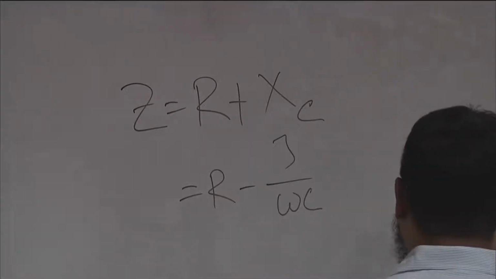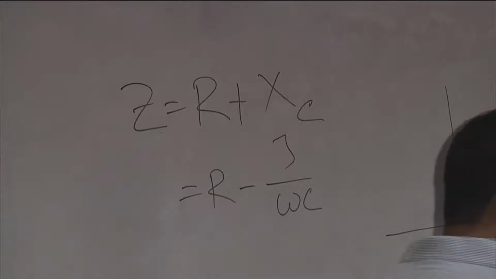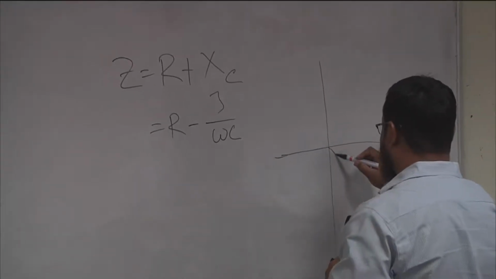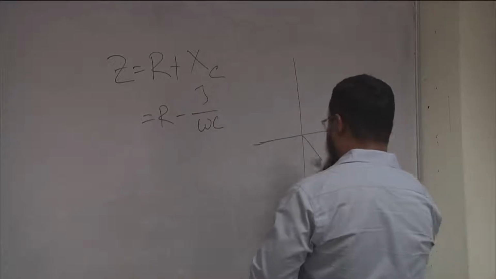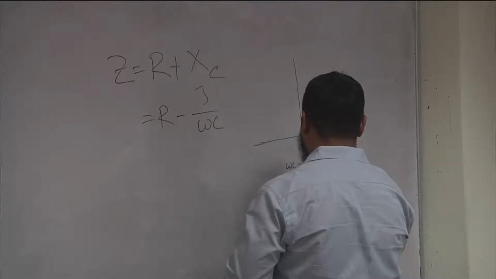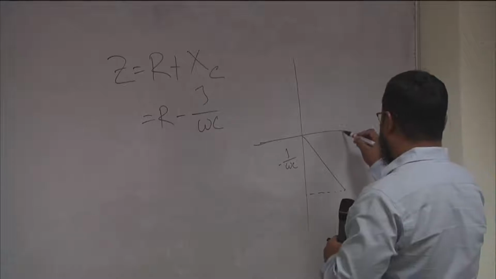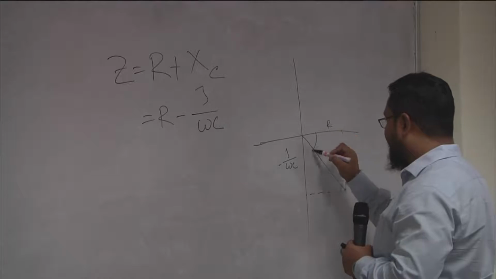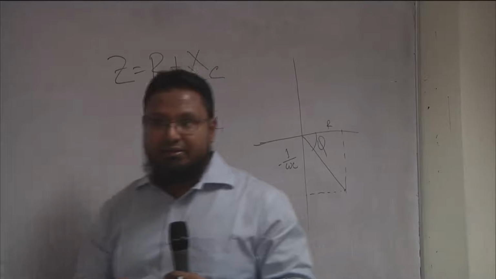So if we plot this in the complex plane, we'll get something like a vector. The length of the vector in the imaginary axis is negative 1 over omega C, and on the real axis it's R, right? So we'll end up having an angle, let's call it negative phi.